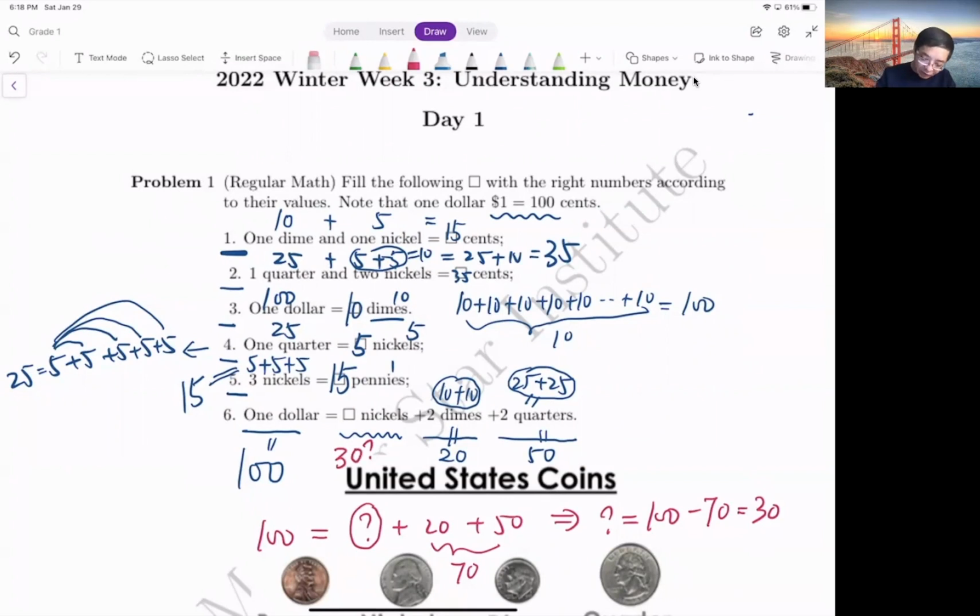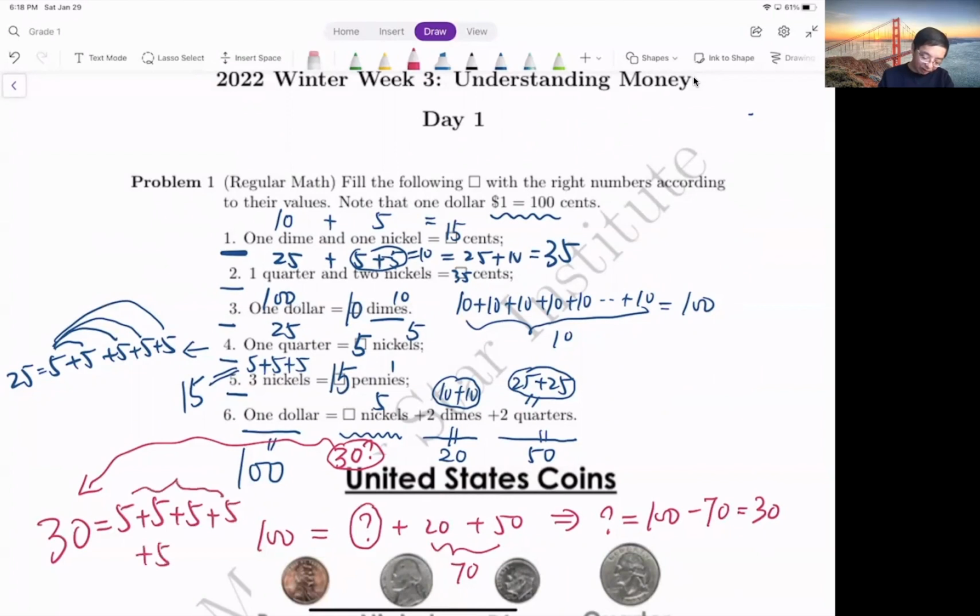Okay, and each nickel we already said is 5 cents, right? So each nickel is 5 cents, and we need 30 cents. So what we need to do is write 30 cents as a bunch of nickels. How do we do that? Try 5 plus 5, which is 10, get one more, which is 15, get one more, so this is 20, and get one more, it's 25, right?